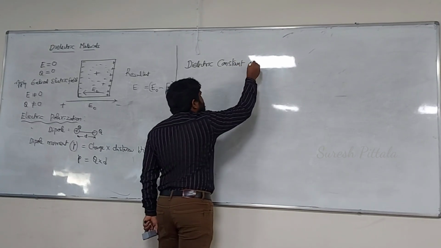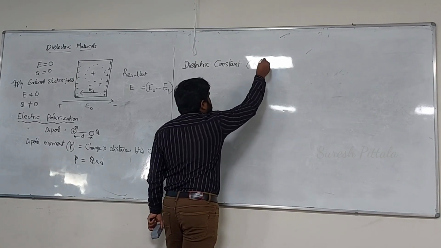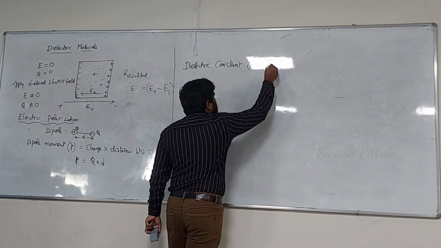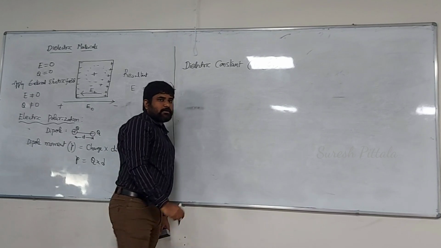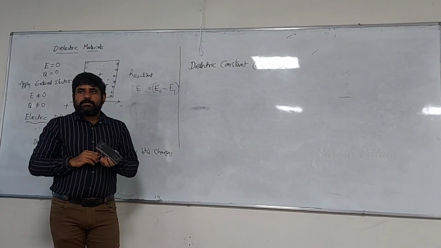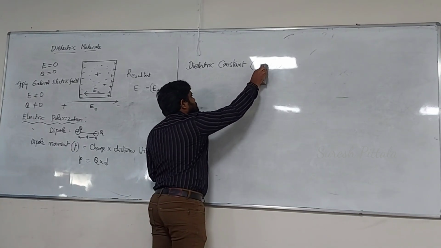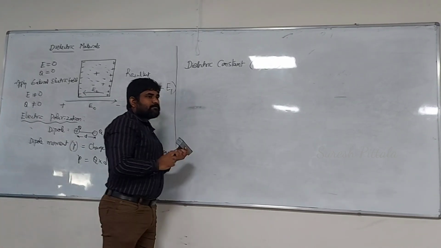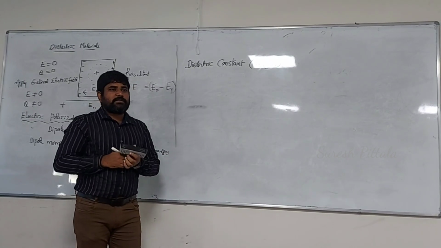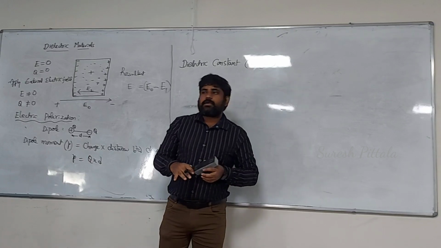Usually it will be denoted either with K or epsilon r. We will use K or epsilon. So who will tell what is dielectric constant? Each dielectric material has a value called dielectric constant.